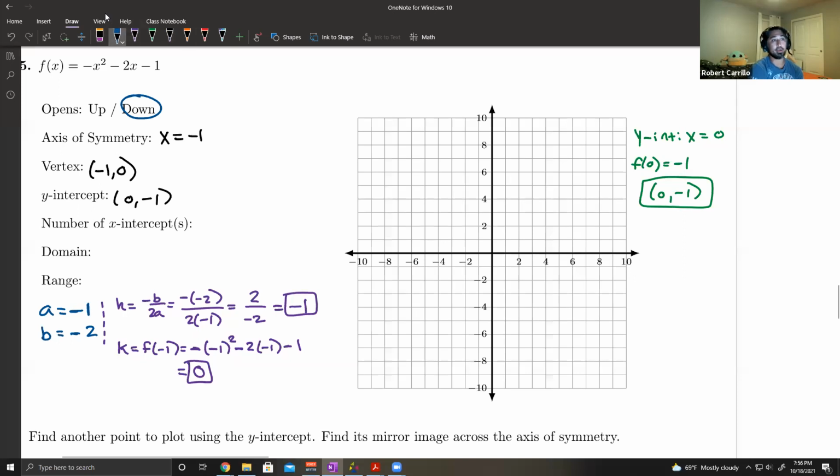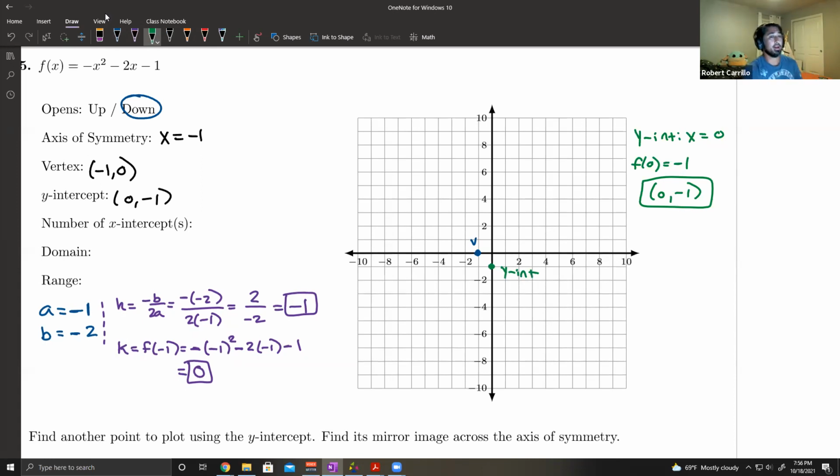So let's go ahead and put our vertex down, which is at negative 1, 0, right here. There's my vertex. And then we'll plot my y-intercept, which is at 0, negative 1. There's my y-intercept.